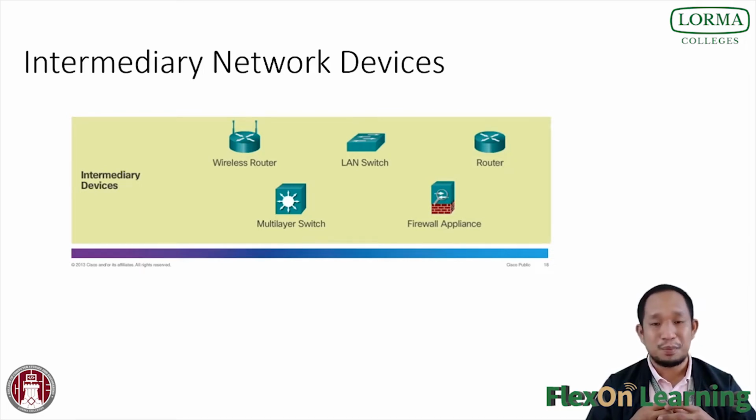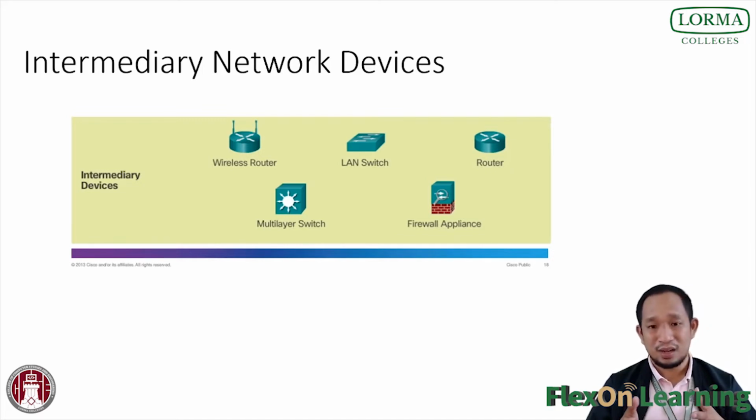These are now passing information or data or requests from one node to another. Another example now is the wireless router. Maybe if you have Wi-Fi, you automatically have a wireless router. Another one is the local area network switch, router, multi-layer switch, and of course, firewall appliance. So these are part of intermediary network devices.